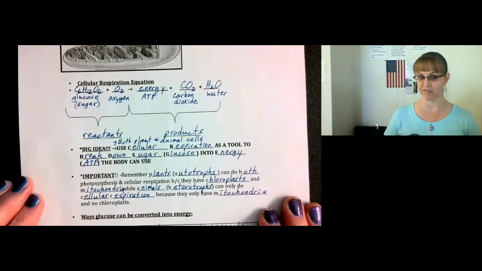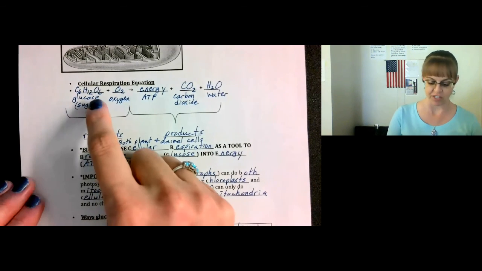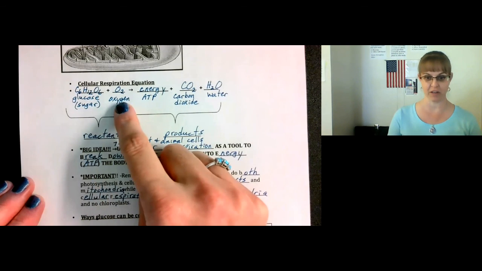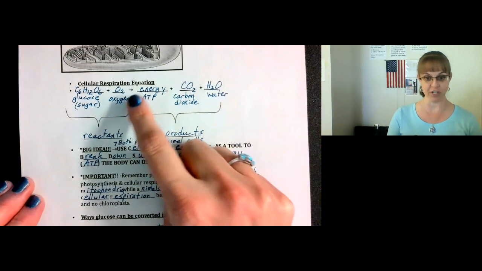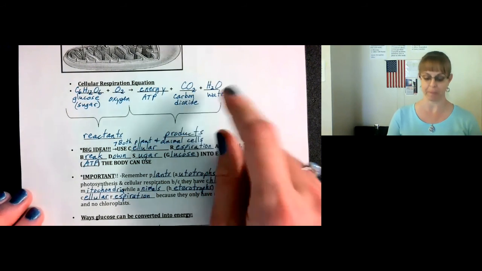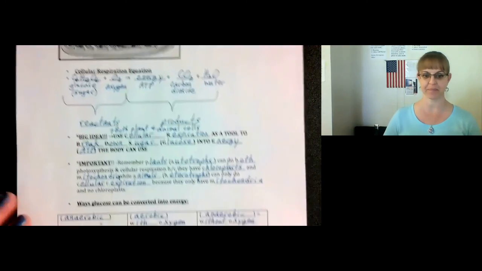The equation for cellular respiration is the exact opposite of the equation for photosynthesis. So glucose, or sugar, and oxygen are used to produce energy, carbon dioxide, and water. These are your reactants, these are your products.